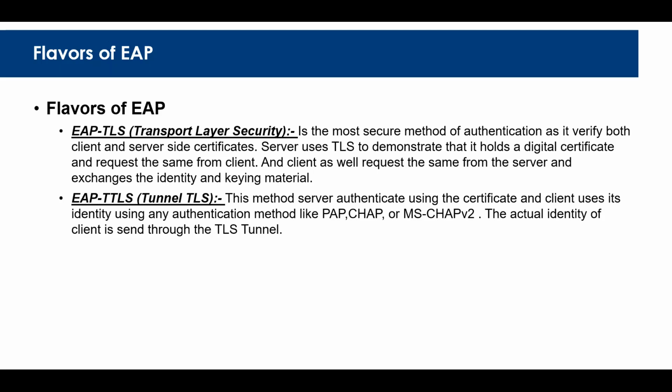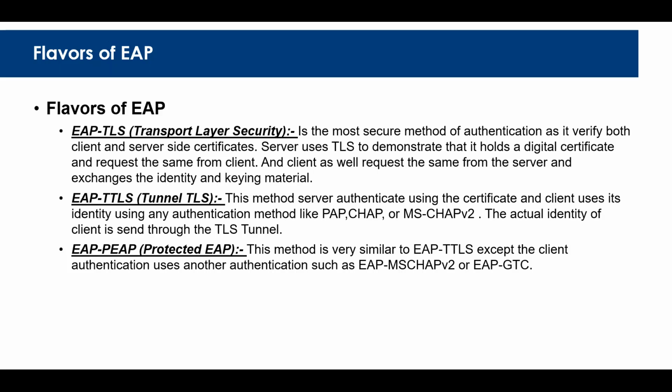In EAP-TTLS, or Tunneled TLS, the server identity is validated by the client requesting the server certificate, but the client identity is verified using another method like PAP, CHAP or MS-CHAPv2.